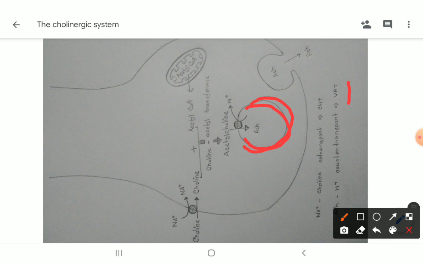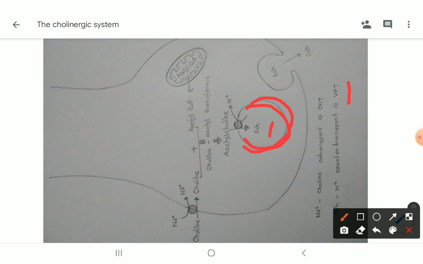By this mechanism acetylcholine is stored. Of course there are some other substances stored within the vesicle, like ATP, phosphorus, etc. But since we are talking about acetylcholine, I have shown you here this neurotransmitter.